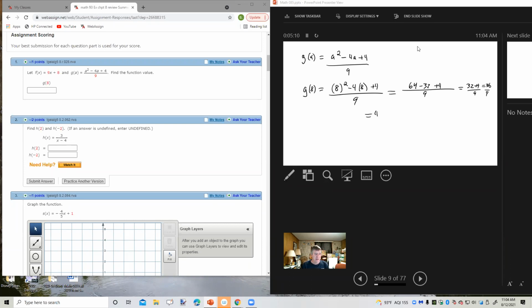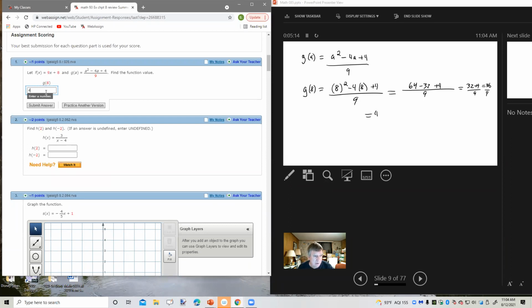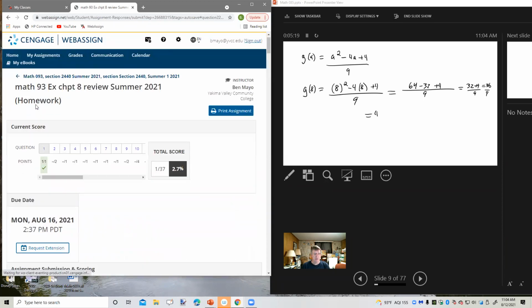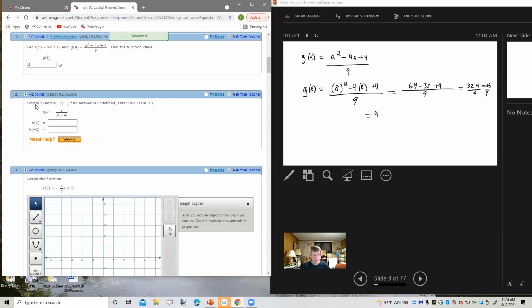So g of 8 equals just plain old 4. Again, we don't do anything with f of x equals 9x plus 8. If it asks us to find f of 8 or f of something, then we use that. All right. Any questions there?